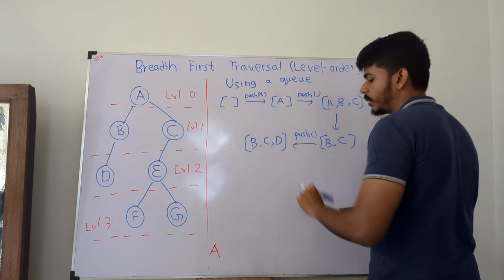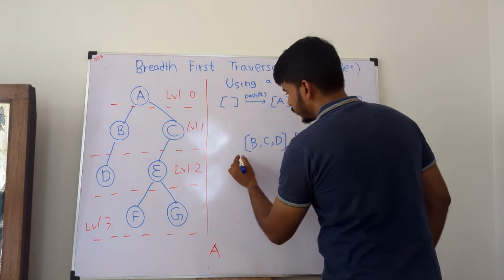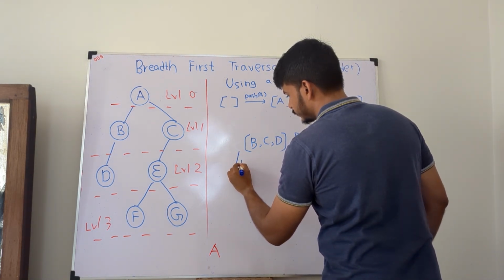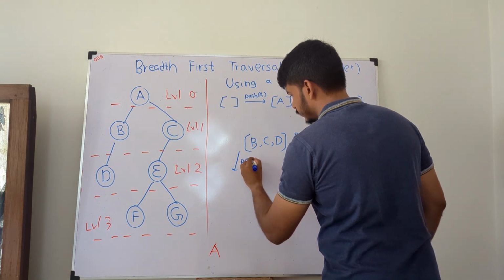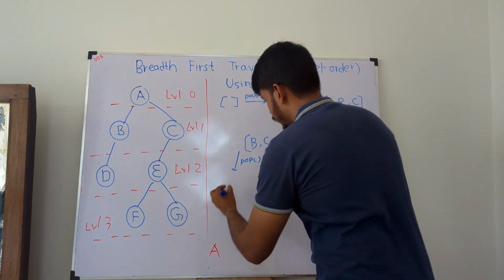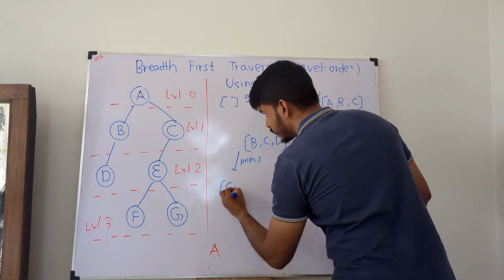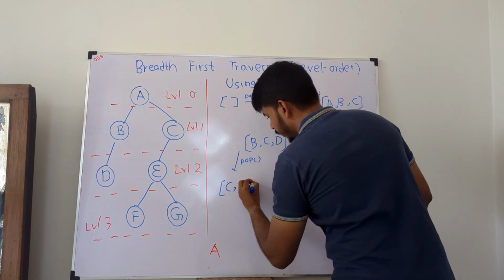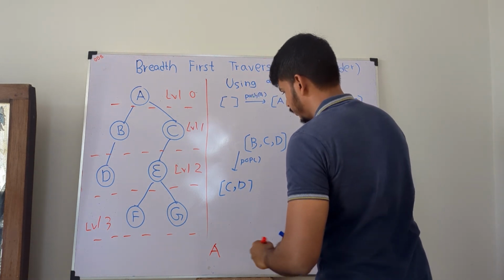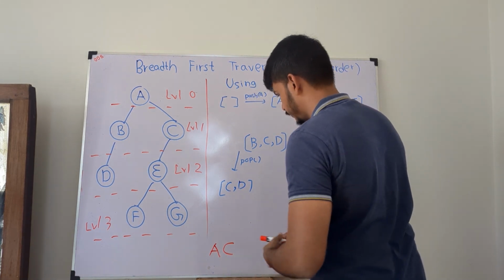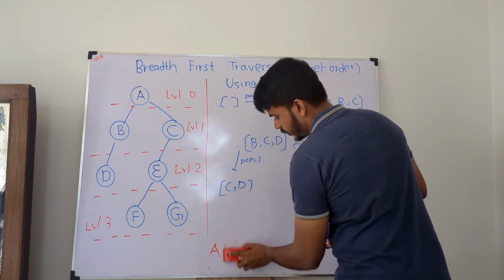Then going to pop the front node again, which is B. So the remaining is C and D. Write the popped node here, B.